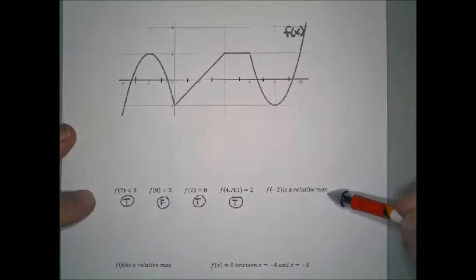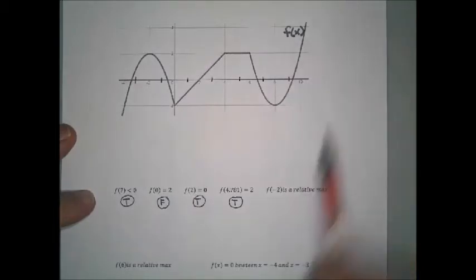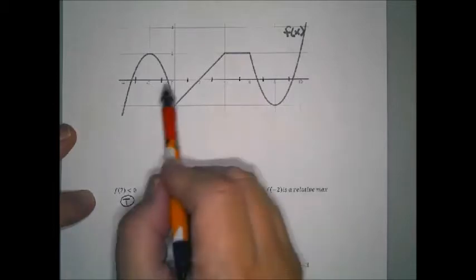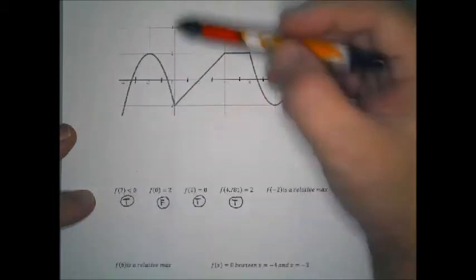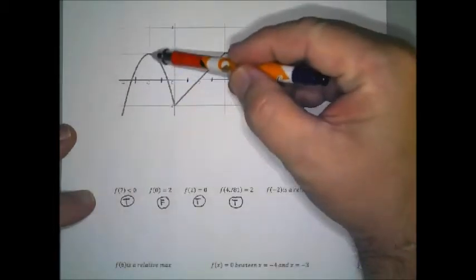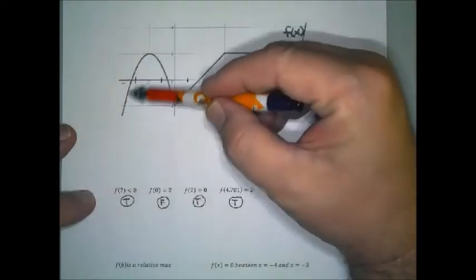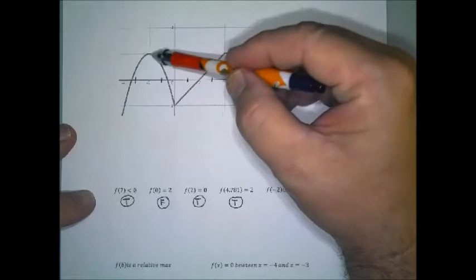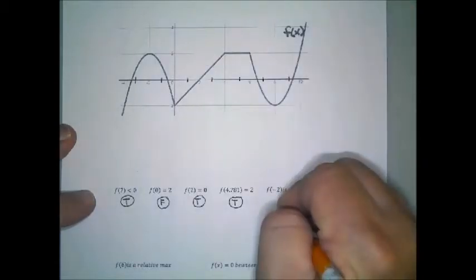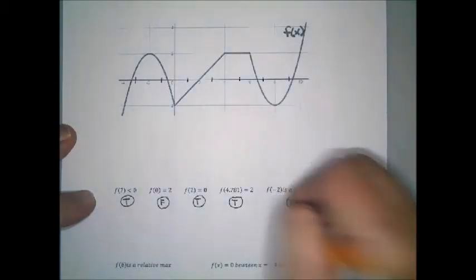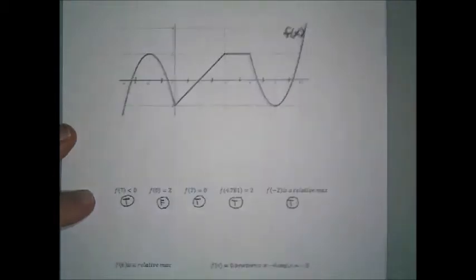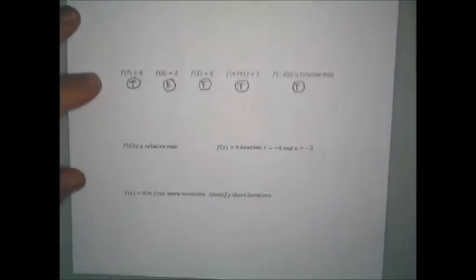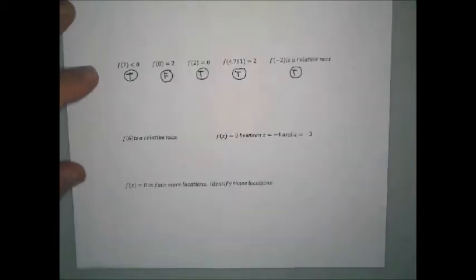F of negative 2 is a relative maximum. So on the f function, when x equals negative 2, have we found a relative maximum? And sure enough, we have. Because it comes up, it reaches its peak, and it turns around and goes back down. Now, the next question. I'm losing the graph on the picture, but we'll come back to it.